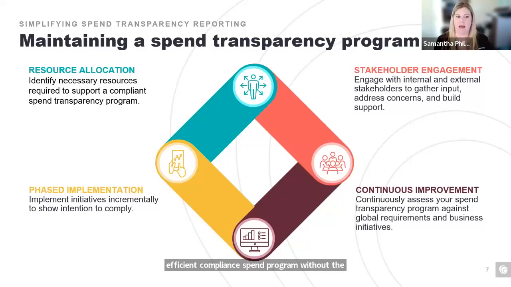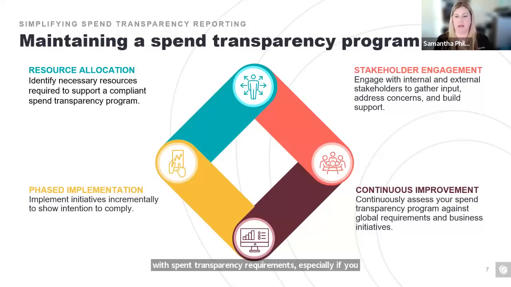And again, when we get to those specific challenges and solutions, you'll hear a lot about how relying on cross-functional support and even global stakeholders can be a very important part of addressing some of the challenges in complying with spend transparency requirements, especially if you have a global footprint.